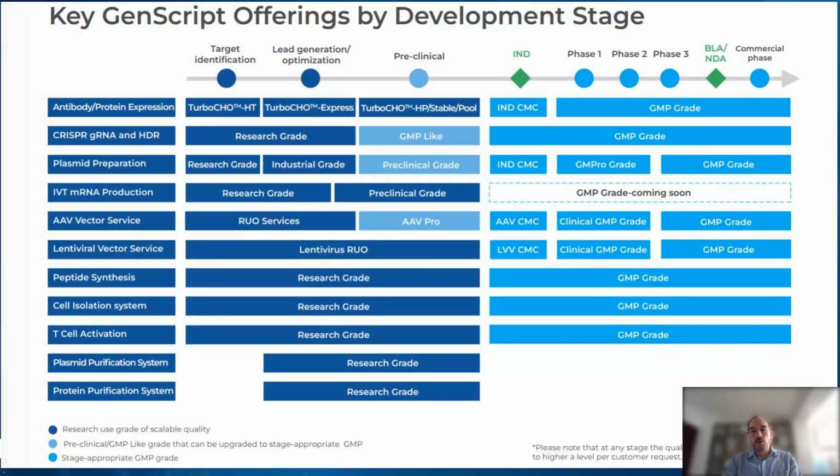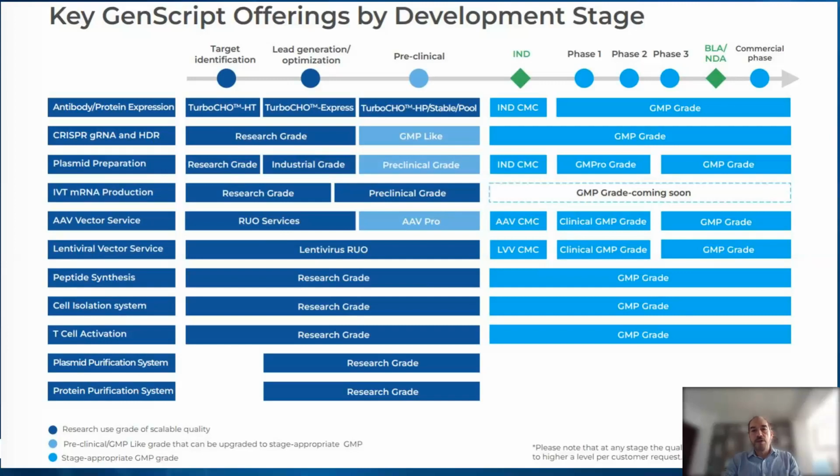This is just a short overview of all the services and products that we offer. In this summary, we are highlighting some of the key services and products because we have too many to show on a single slide. But you can see for antibody and protein expression production, we can support everything from the early research stage going to preclinical, and then IND filings, clinical trials and clinical manufacturing.